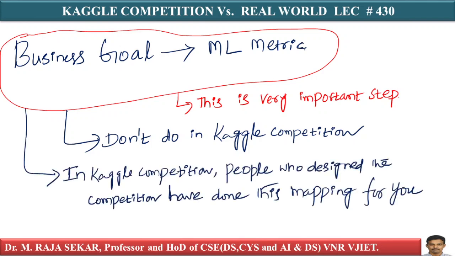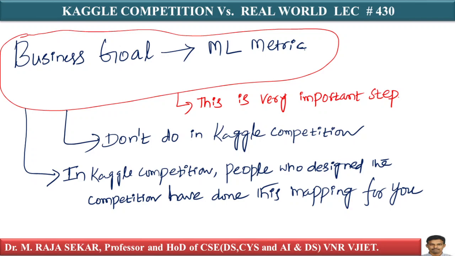The people who design the competition have done this mapping for you, isn't it? But in the real world, you have to do it. We will see in some of our case studies how to go about it. In our case studies, even though we are taking data sets from Kaggle, we will focus on how to go from a business problem to a real world problem. This is the first difference between Kaggle and the real world.